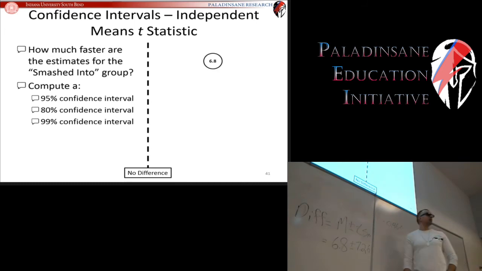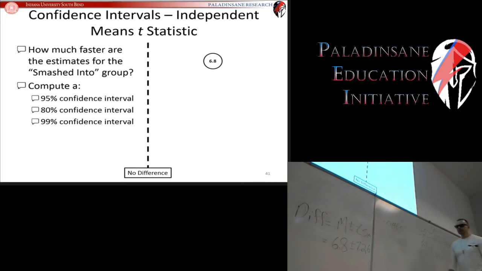She overestimated by 6.8 miles an hour, so she said 70, but that's because of the way the question was asked. What she really meant was 63.2. So that would be your best guess.